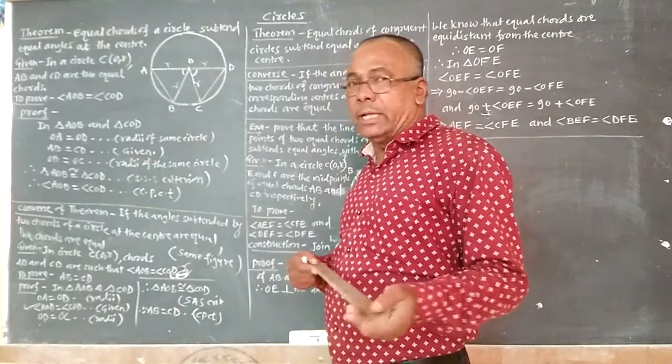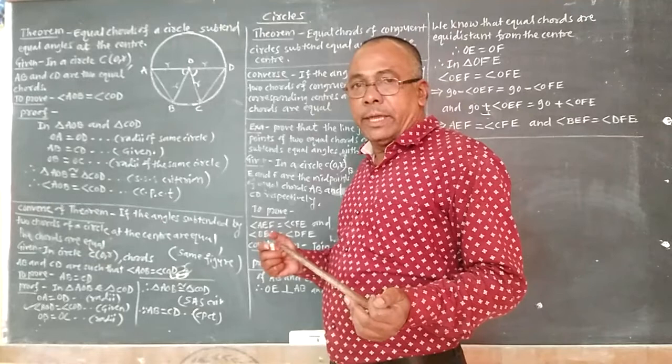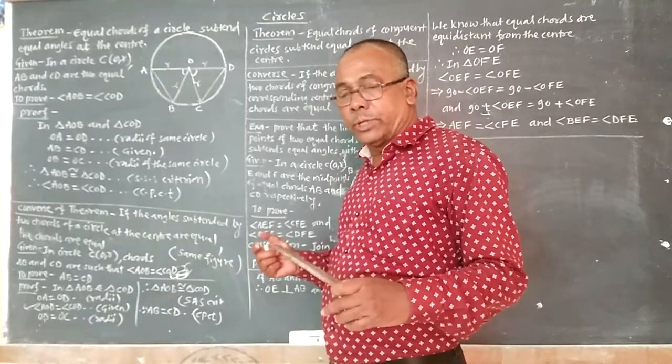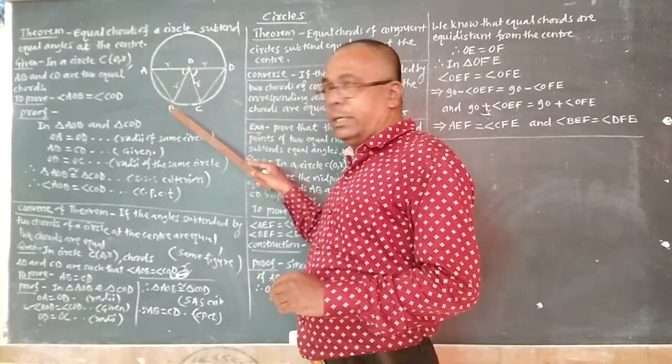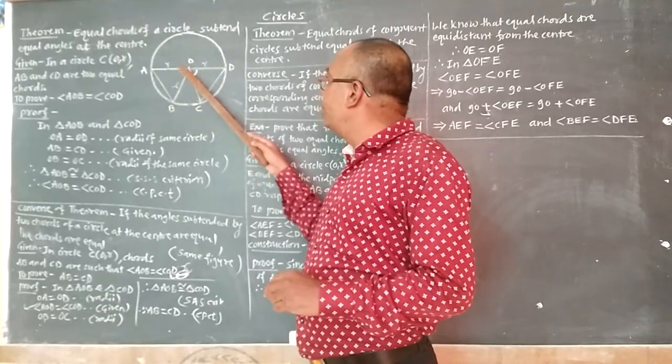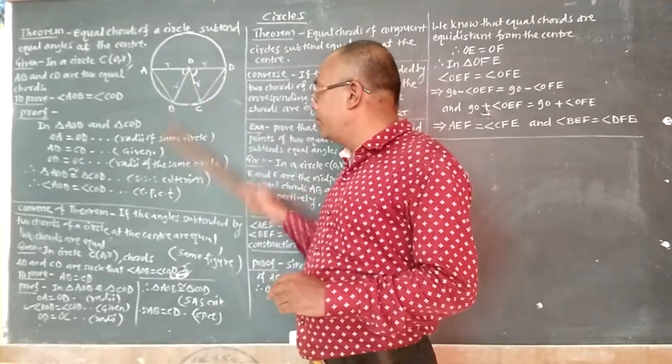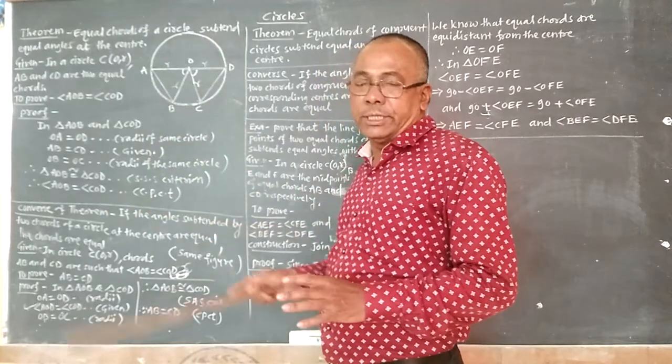And if the two triangles are congruent, then the corresponding angles of two triangles are equal, that is angle AOB equal to angle COD. These two angles are equal, and the reason is CPCT.